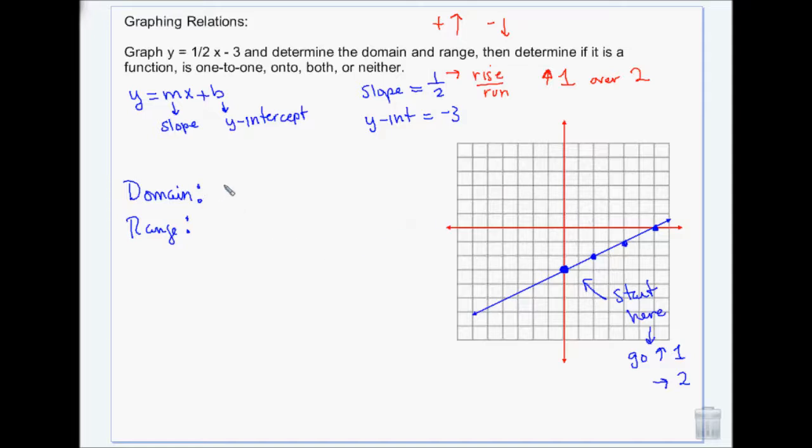So my domain is all real numbers, and so is my range. All real numbers. Questions on that? Are those R's? Yeah, it's an R with a double line. That indicates it's a real number when you put the two little lines.